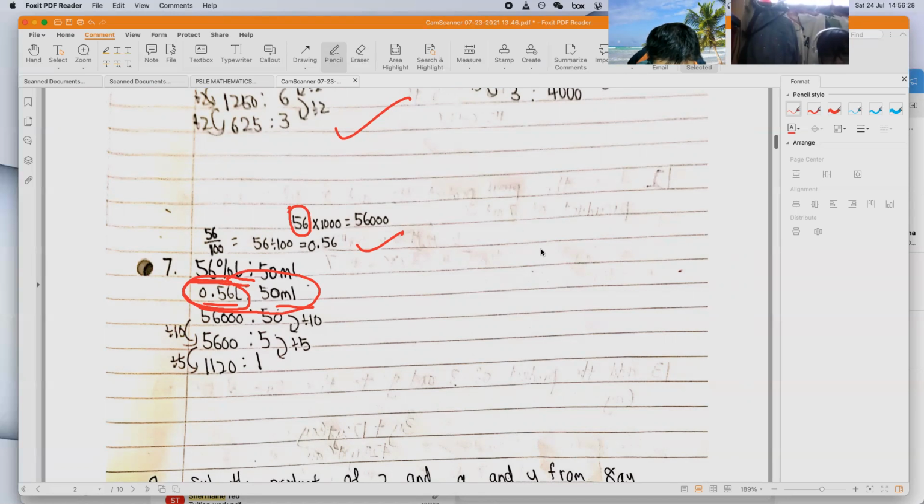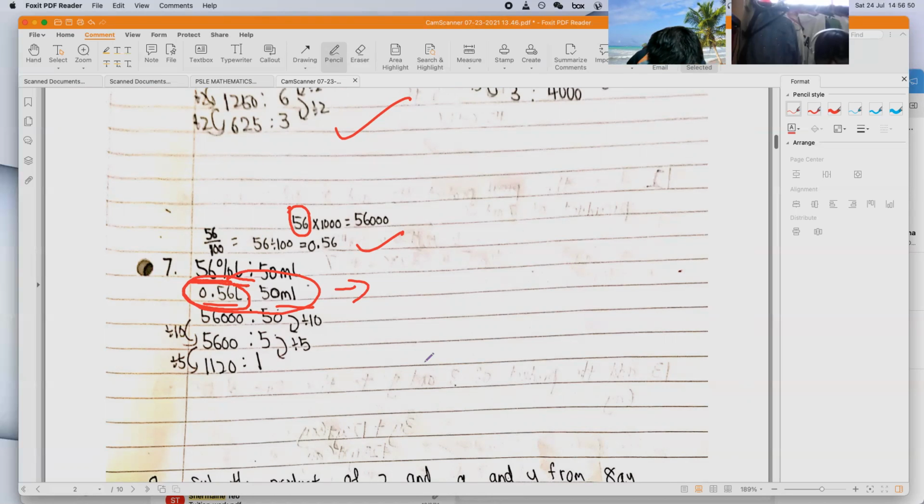Right. So you continue from this step, right? You times 100 both sides. Okay.